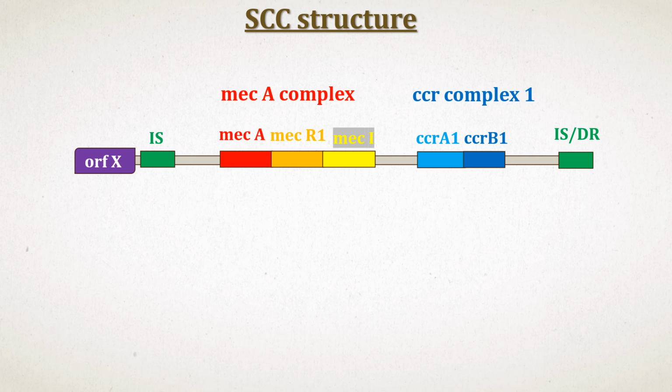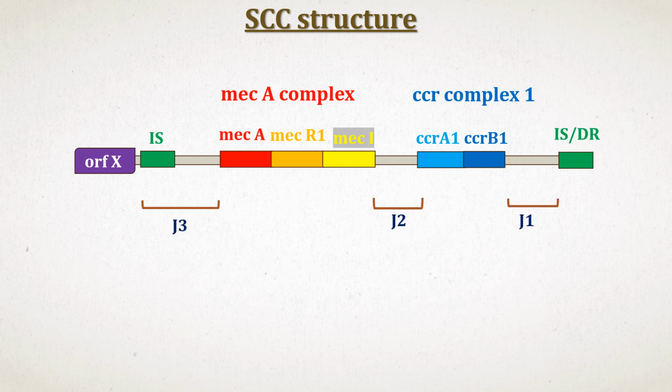Recombination means insertion and excision. This complex is composed of one ccrA subtype plus one ccrB subtype, or sometimes it's formed of a single ccrC subtype. So there are two genes, A or B subtypes, or sometimes one gene of the C subtype. In this example, we have ccrA subtype 1 and ccrB subtype 1.